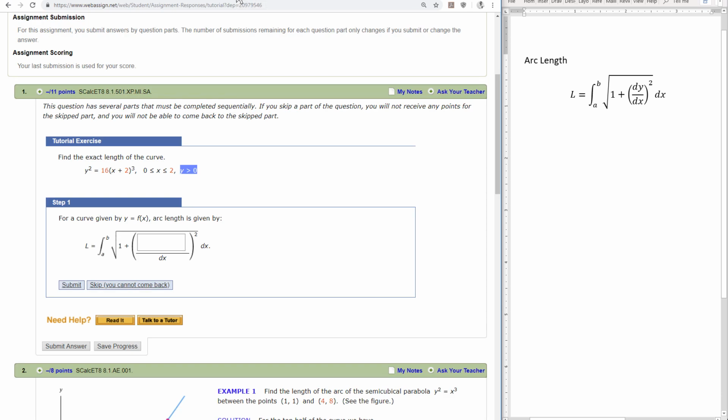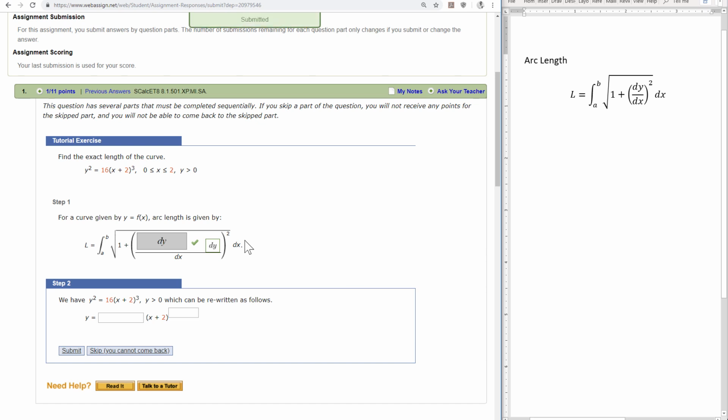All right. So for the given arc, for a curve given by y equals f of x, if we solve for y here by itself, the length is going to be given by 1 plus, I think this is going to be (dy/dx) quantity squared. So let's put a dy here because that's what the formula says. Now if you're integrating with respect to y, your integral might look like dx dy instead of dy dx.